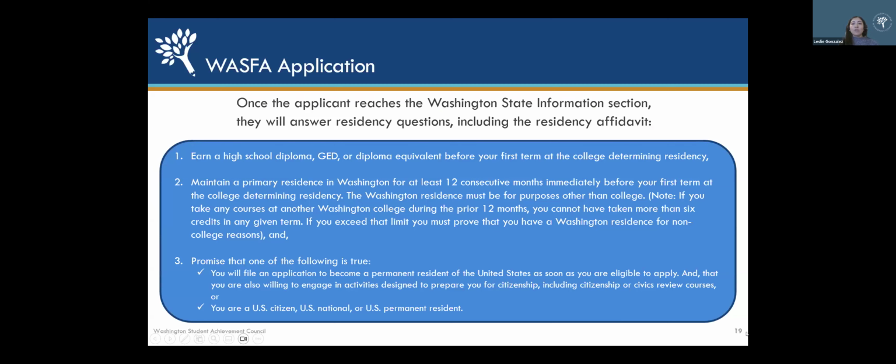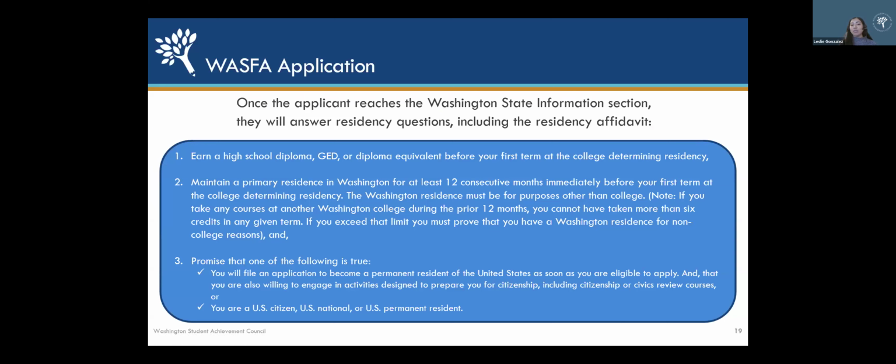Once an applicant reaches the Washington State Information section, they will answer residency questions, including the residency affidavit, as mentioned before. The three main things that a student is certifying as part of the affidavit are, one, that they will have earned a high school diploma, GED, or diploma equivalent before their first term at the college that determines their residency.